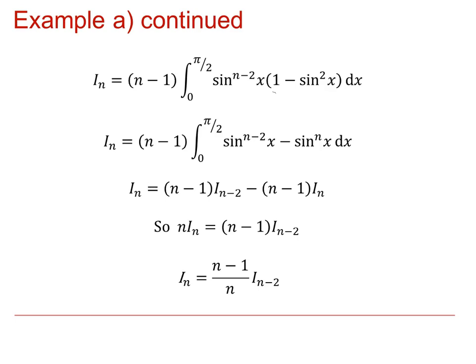The identity put in there is 1 minus sine squared and produced an integral which was essentially the same as the original integral. So this part of it is In minus 2 and this one is In. Rearranging that gives the final reduction formula: In is equal to n minus 1 over n In minus 2.